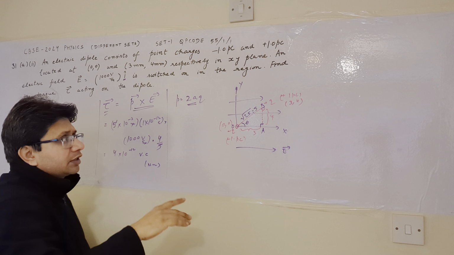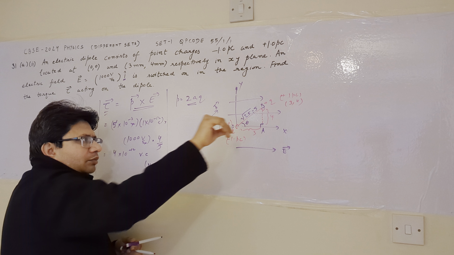So we place our hand along vector P, and curl our hand towards the second vector, which is E. The direction of E is the positive x-axis. So we place our hand like this and curl our hand like this.